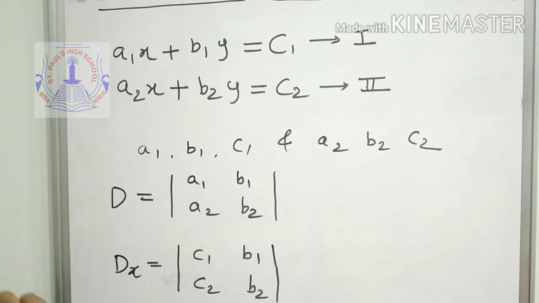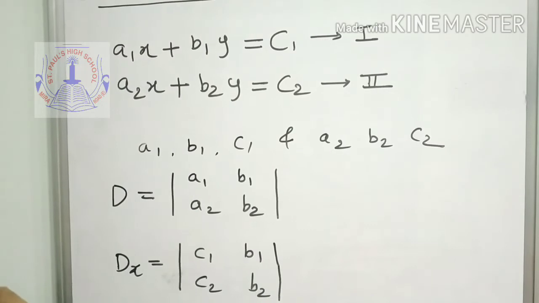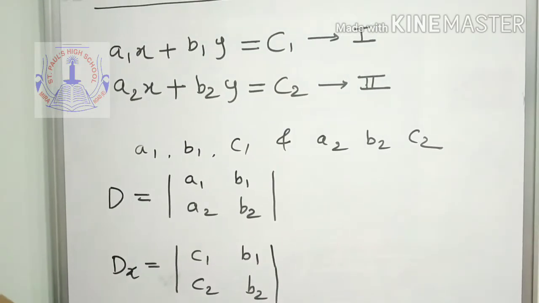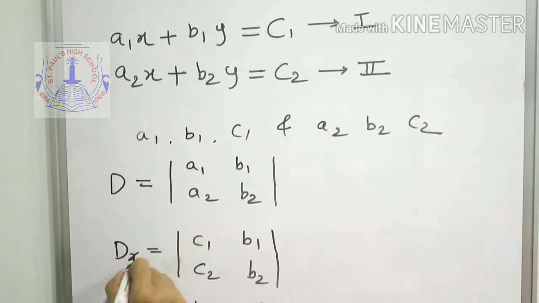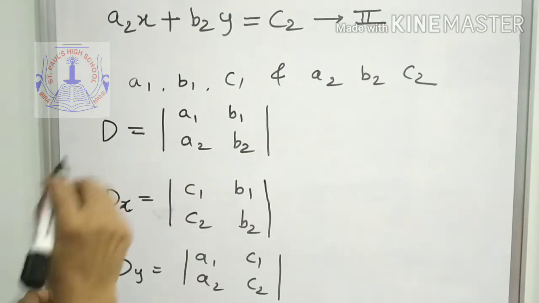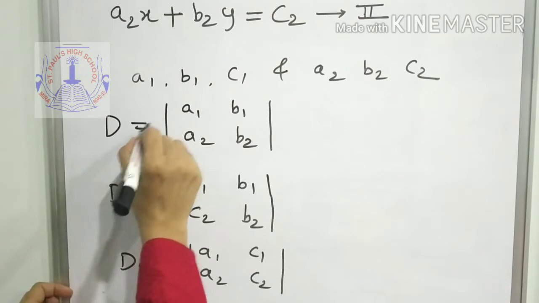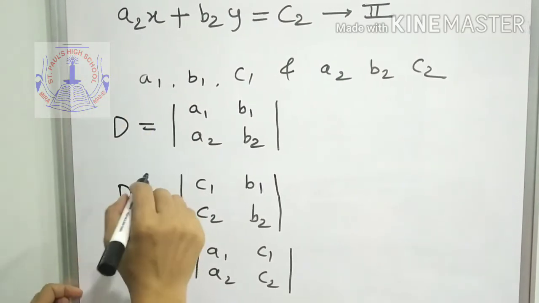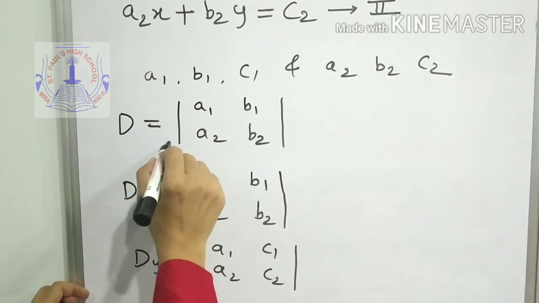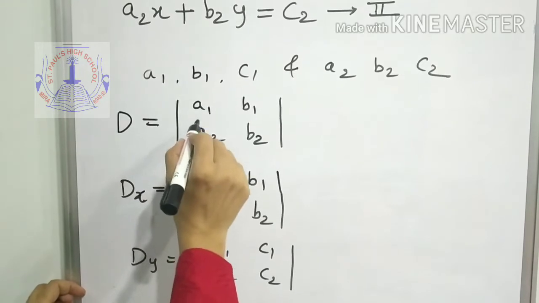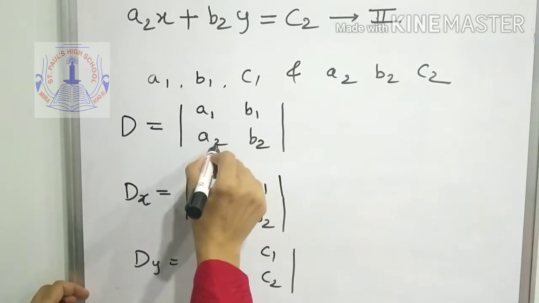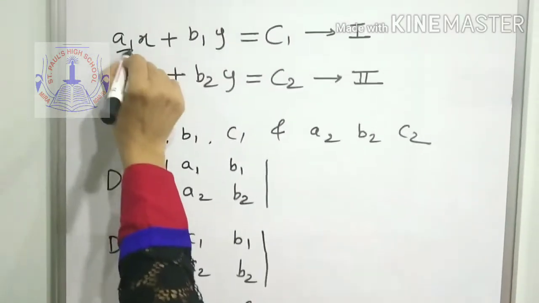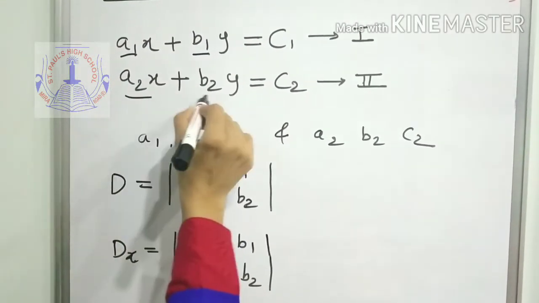To find the solution of these two equations using Cramer's rule, first we need to find the value of determinant d, then dx, then dy. Now how to write d? The value of d can be found using the elements a1, b1, a2, b2 in the determinant.